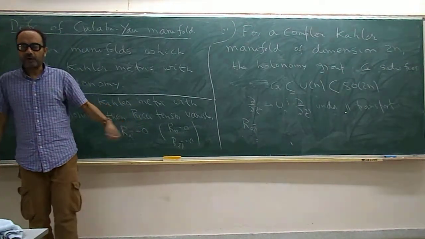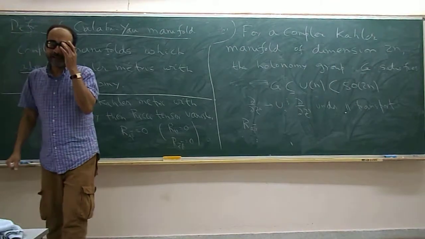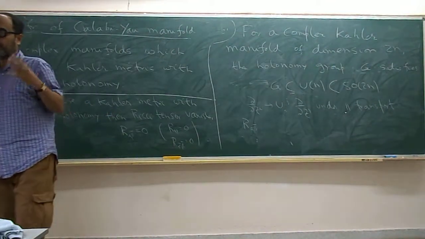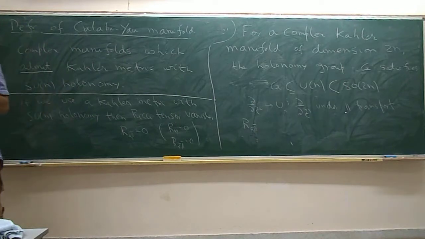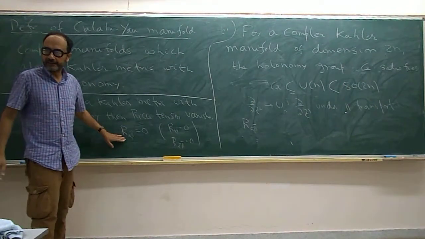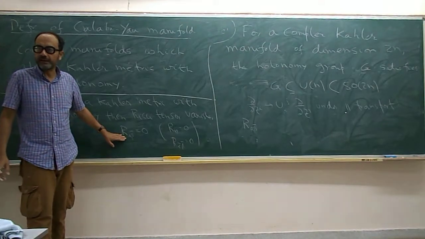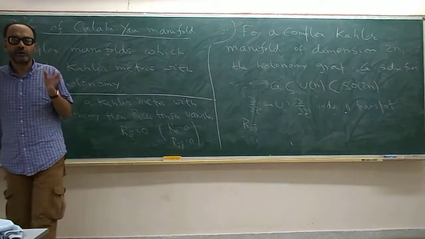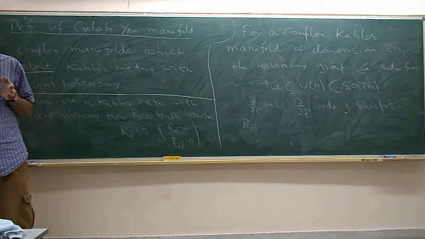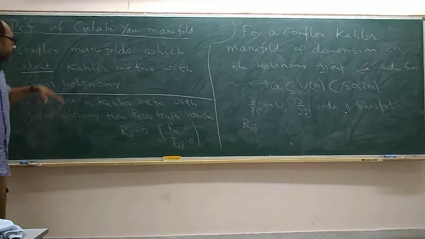And what one can show is that the metric that one really needs for describing a solution to string theory is nearly Calabi-Yau, nearly this metric, but not quite this metric. You have to modify it. So you cannot really choose exactly an SU(N) holonomy manifold. Nevertheless, this topological property is important.